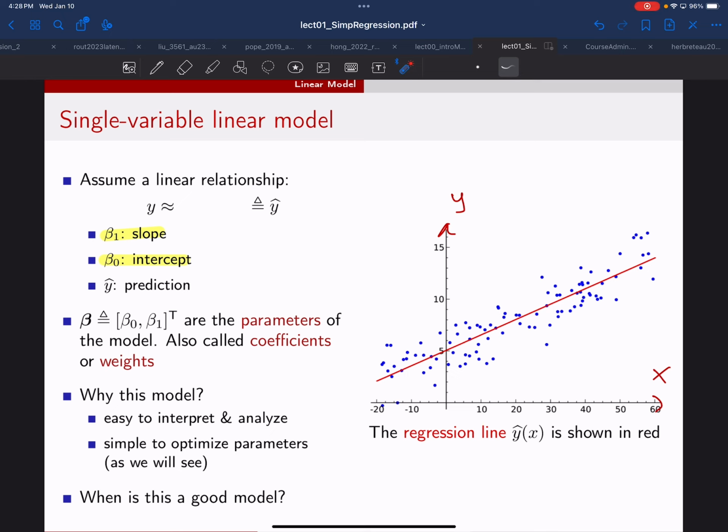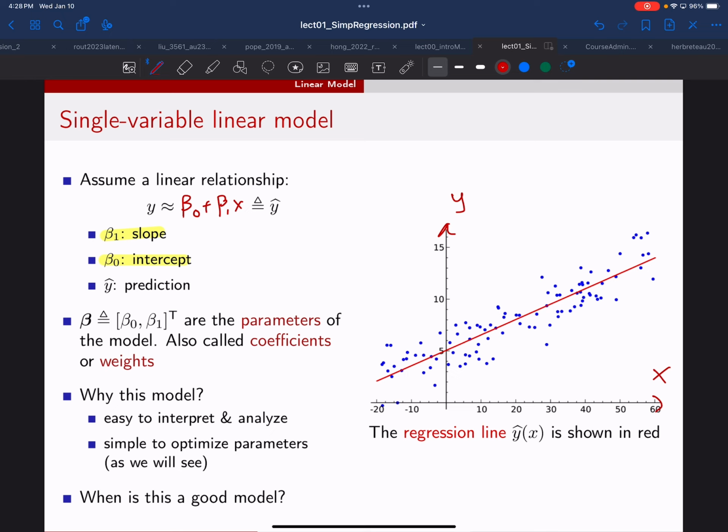Okay, so Aiden, how could we write y in terms of beta 1, beta 0, and x? Yeah, very good. We'll just write beta 0 plus beta 1x. Okay, so that is going to be our linear model.